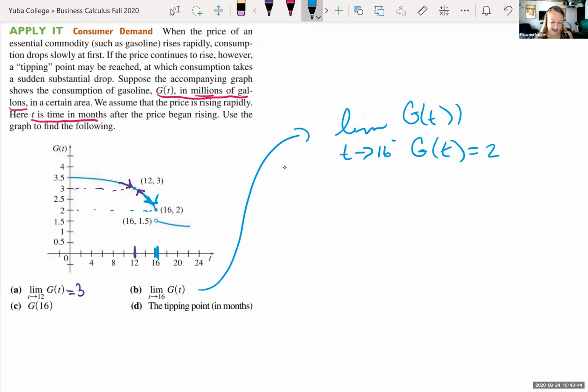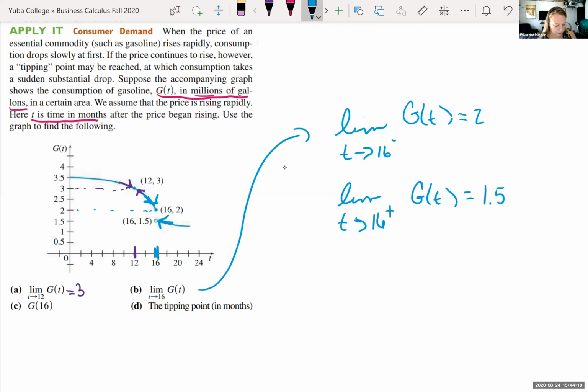And if I look at the limit as I'm pushing in from the right, we're getting to 1.5.